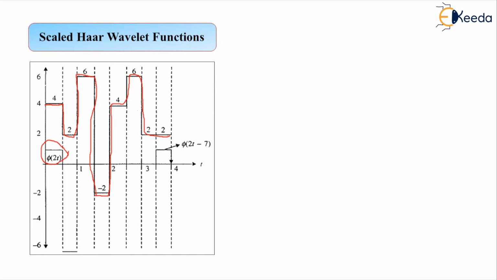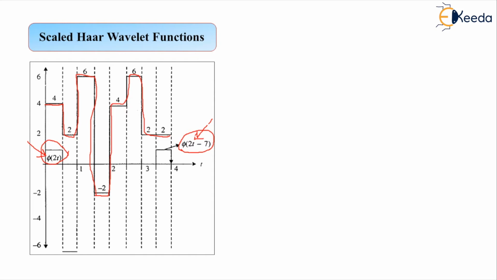Whenever you come across phi, you just recognize that this is the Haar scaling function, and phi of 2t minus some constant or integer value is the translated version of the functional space that we have defined for the scaling function here. So these are the signal amplitude levels in this particular diagram.